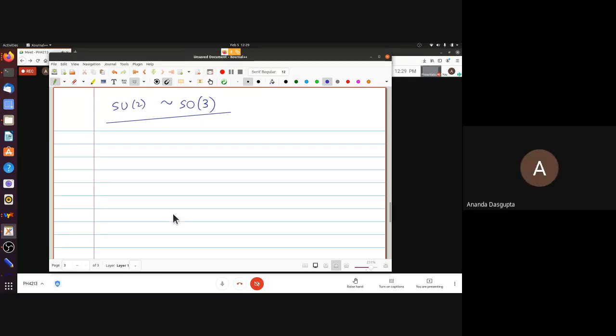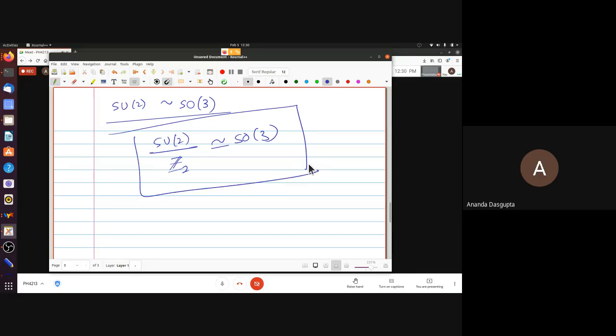And the kernel of that homomorphism happens to be Z2, which you can easily check. So basically, SU2 quotiented by Z2 is isomorphic to SO3, is a simple consequence of the second isomorphism theorem.